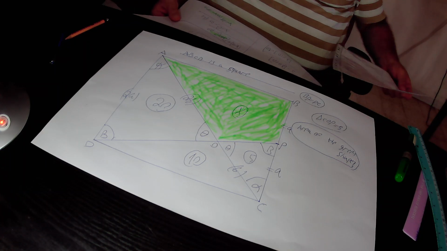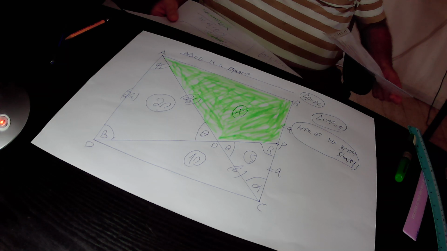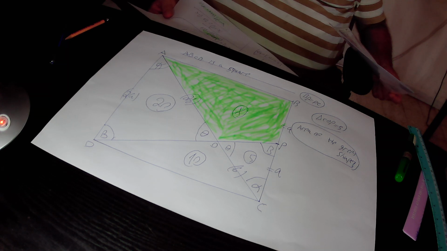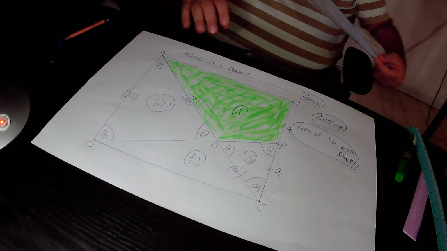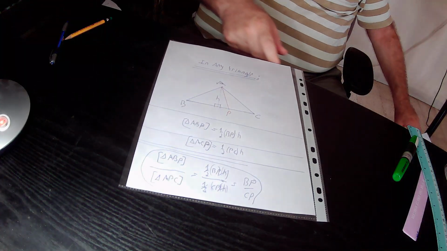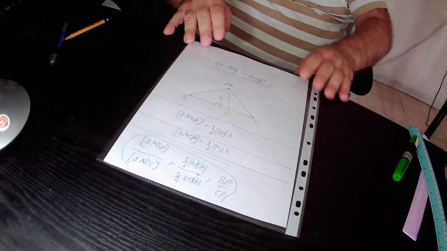Now, I will present to you a new rule and implement the new rule in our drawing. The new rule is as follows. This is triangle ABC that could be any triangle.